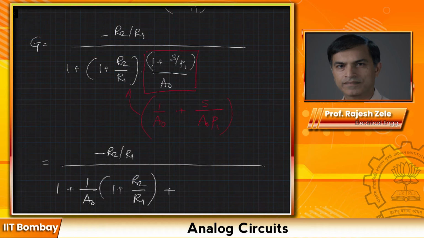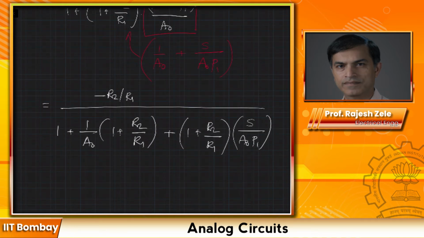Now I'm going to say that the DC gain A0 is pretty large. So A0 is much greater than 1 plus R2 divided by R1. And then I can ignore this particular term first. I'm going to rework this slightly, which you will see what that looks like. R2 divided by R1. I ignored the term in the red. This term I'm going to ignore.